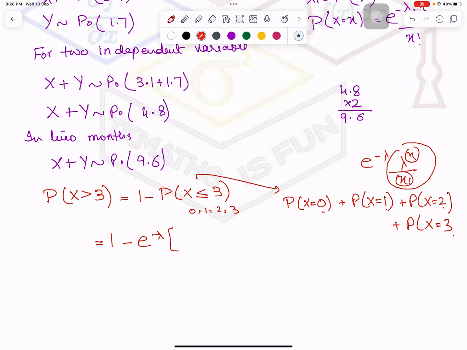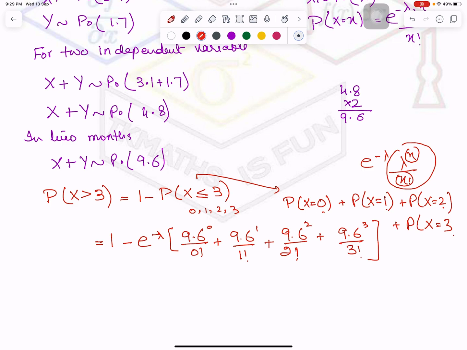So first of all, x is 0, then 9.6 power 1 over 1 factorial, plus 9.6 squared over 2 factorial, and so on. We have to go up to where? 3, right? So this is what I have done here.